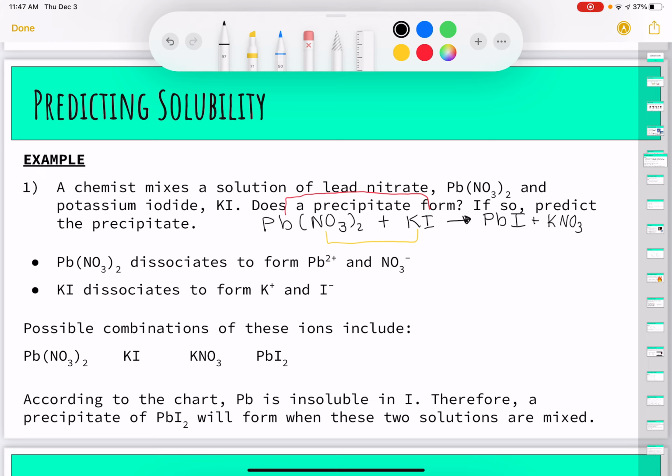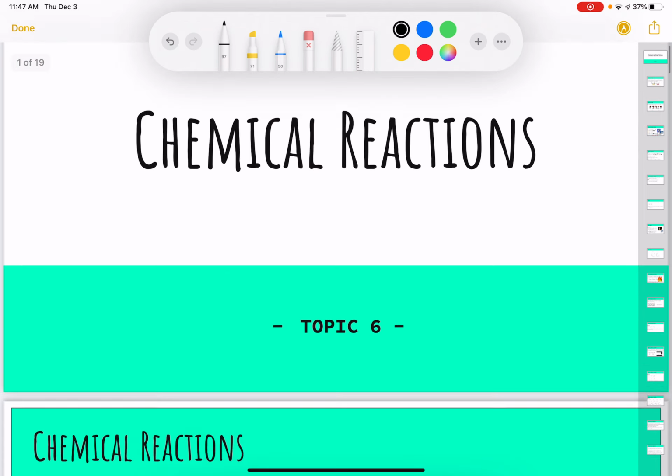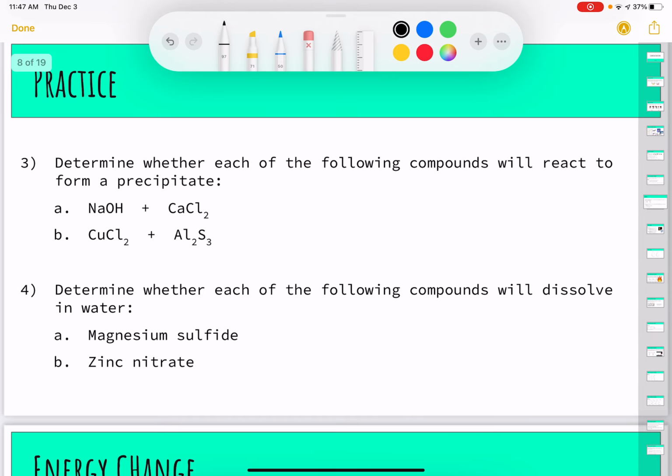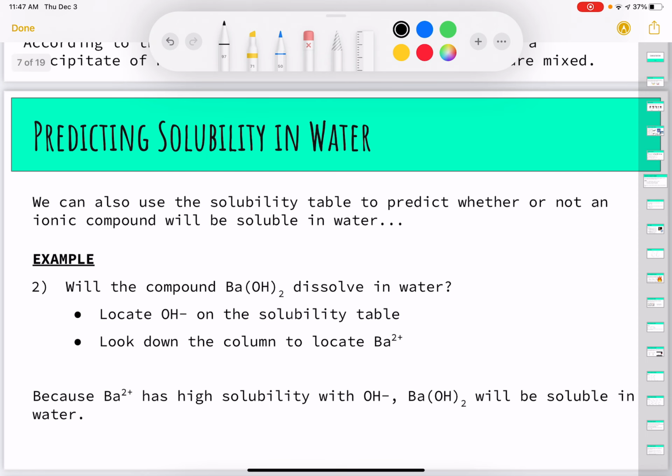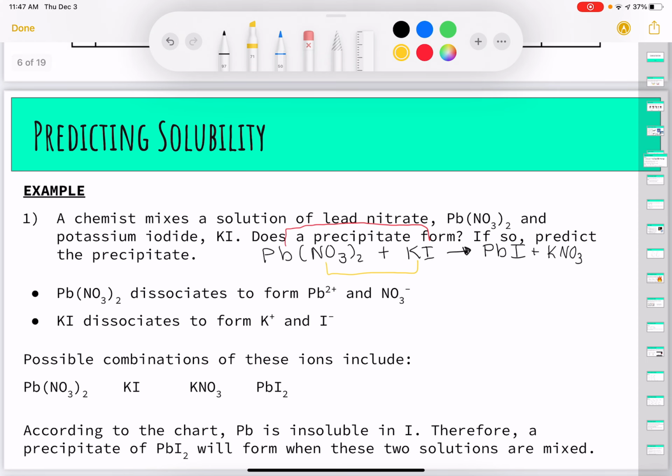So now the question is, does a precipitate form? And a precipitate forms only when something is not able to dissolve in one another. So precipitate, if we go back to that last slide, means that it produces a solid.